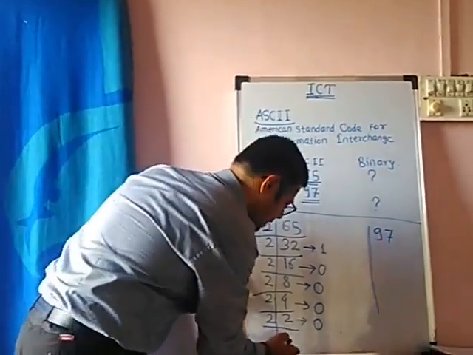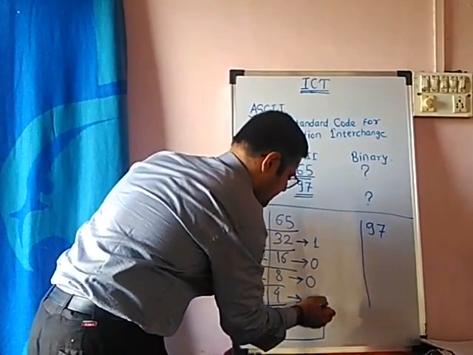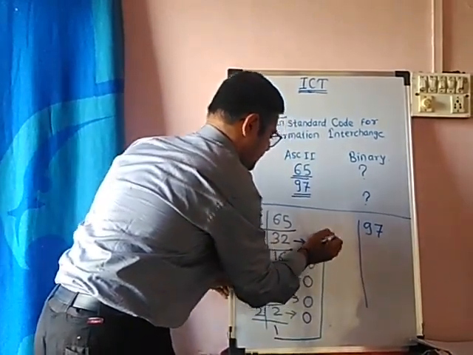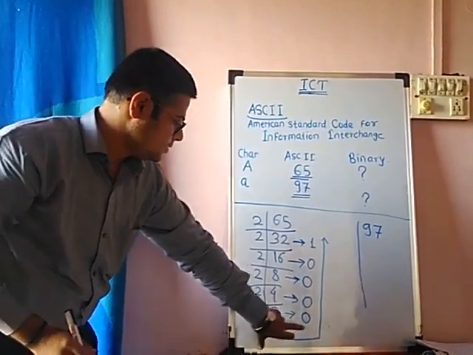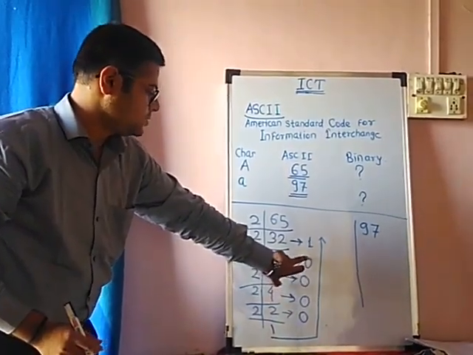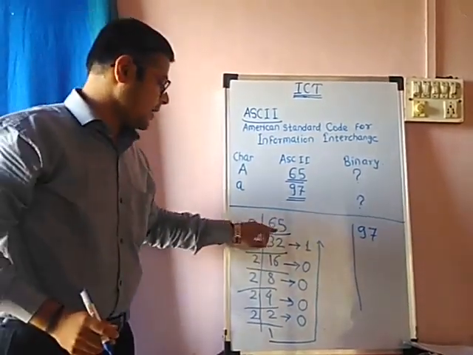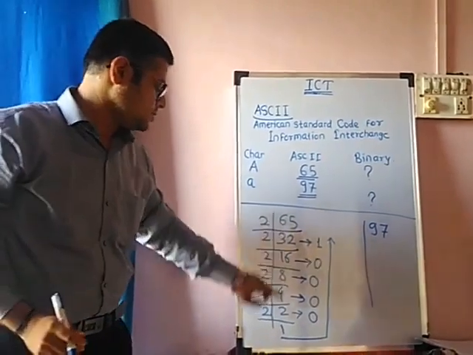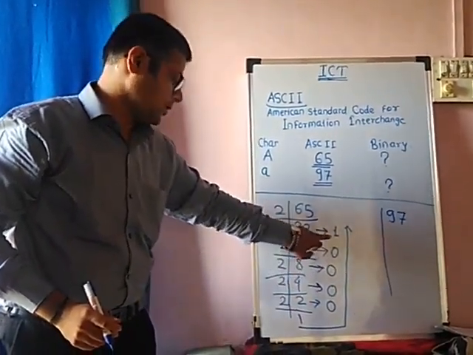Now you have to consider this arrow and start counting like this: 1 0 0 0 0 1. So the equivalent binary of 65 is 1 0 0 0 0 1.